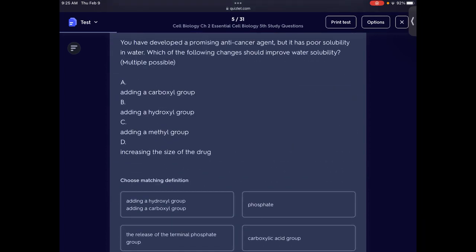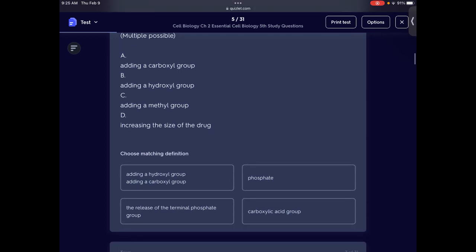You have developed a promising anti-cancer agent, but it has poor solubility in water. Which of the following changes should improve water solubility? We're looking for the addition of a polar group, because those are the types of molecules that will bind well in water. Adding a methyl, no, that's CH.